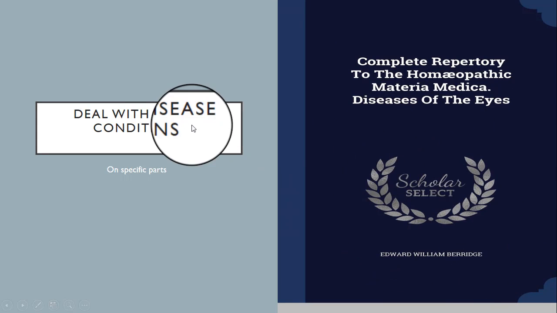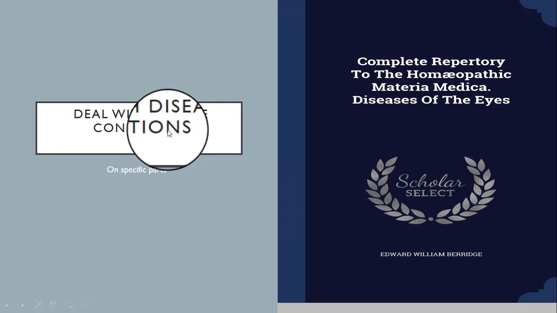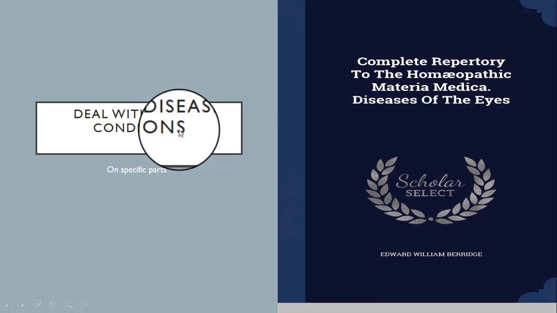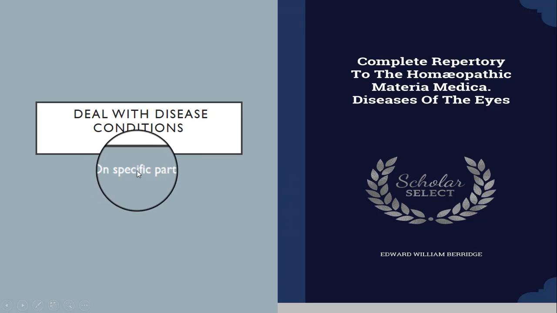They are also again subdivided, firstly on specific part, and second is on clinical condition. So first of all we'll talk about on specific part. So they are Menton's uterus, Barrett's eyes, Morgan's urinary organs.